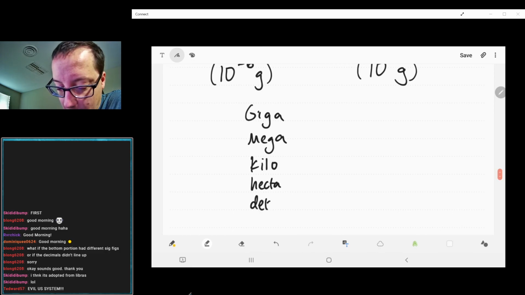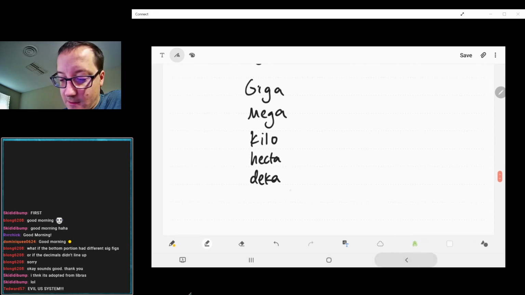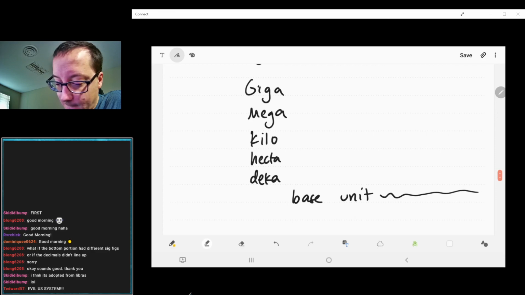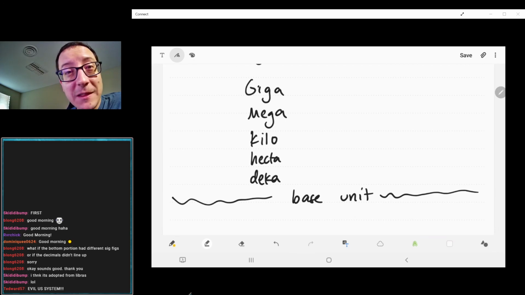Deca, yeah. These are going to be our ones that are above the base unit, whatever our base unit happens to be. These prefixes are useful because they mean the same thing no matter what unit or quantity we're talking about.